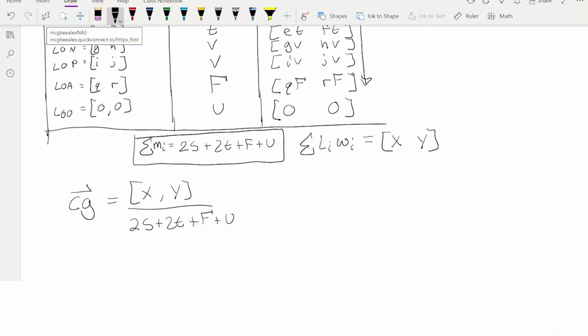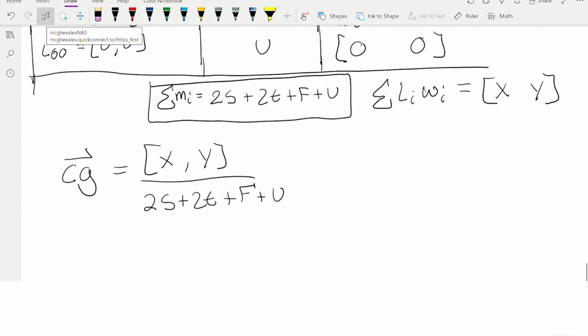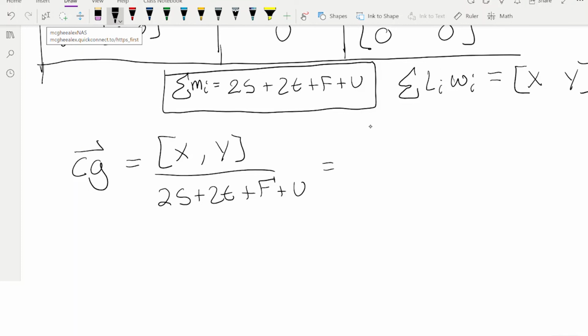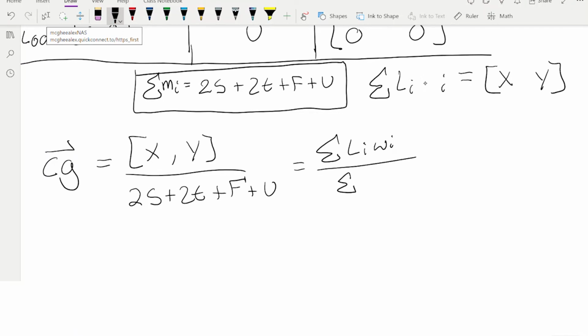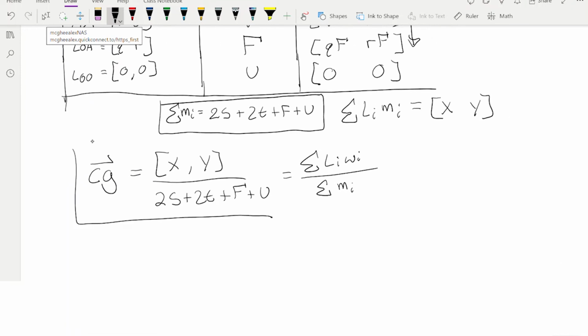All right, so remember the equation we're trying to use is this, LiWi divided by the sum, oh man, that's not Wi, that's Mi, the sum of Mi. And what does this give you? This is the offset vector from that CG guess that we made, CG prime equals some point 0, 0.